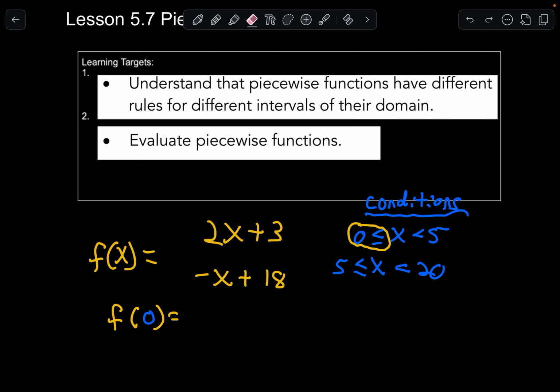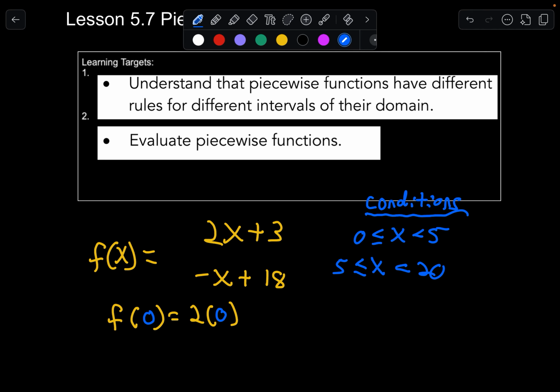So this would be 2 times 0 plus 18. Oh, excuse me. Sorry, plus 3, it would help if you use the right equation. So f of 0, according to this, is 3. You could then ask, what is f of 10?